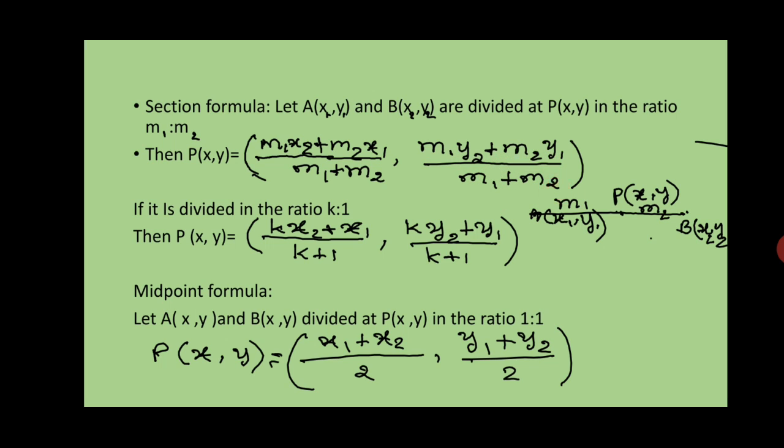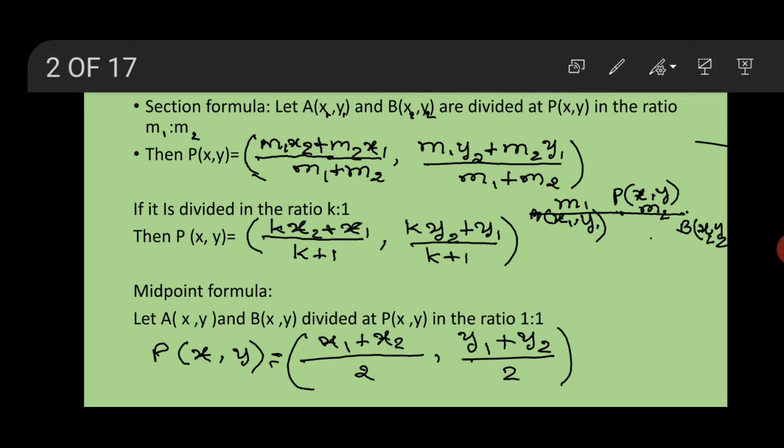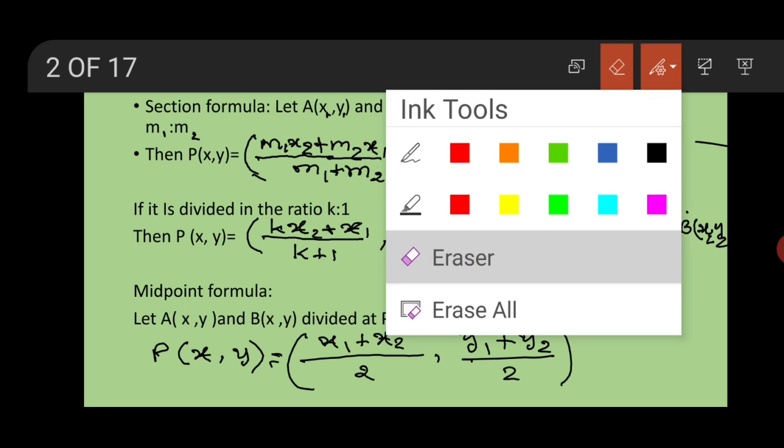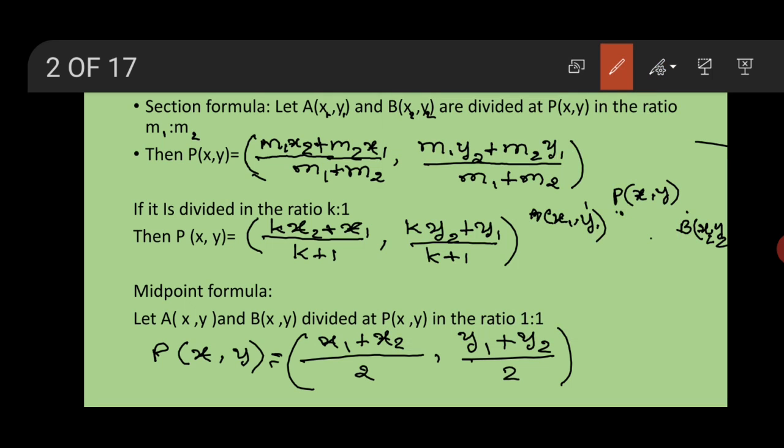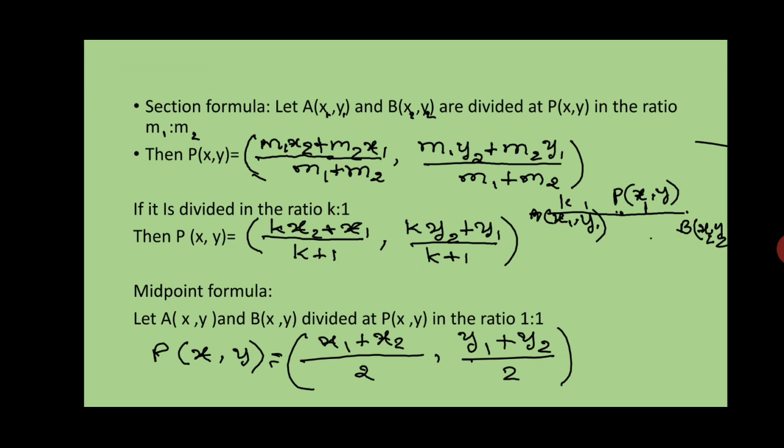Now, if it is divided in the ratio k is to 1, suppose this is ratio k, not m1 is to m2. If it is k is to 1 ratio, then the formula is just changed in this way.